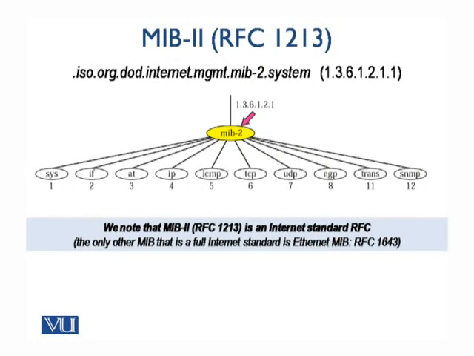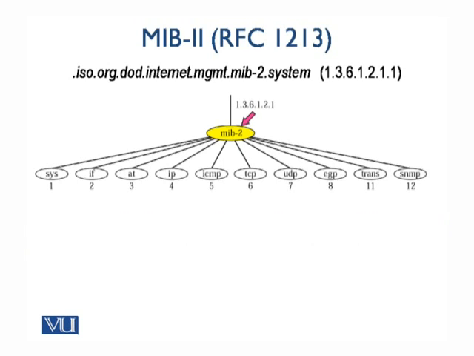You have TCP-based objects, UDP-based objects, EGP-based objects, transmission-based objects, and also you have SNMP-based objects. And those are all organized neatly in a hierarchy below MIB2. And it is mandatory to implement this if you are implementing one of these protocols. If you are, for example, implementing EGP, then it's mandatory for you to implement this in your SNMP implementation.